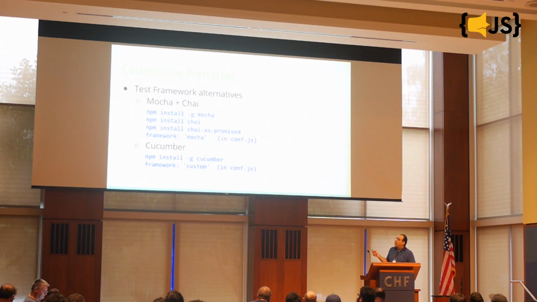All you have to do is use npm to install these frameworks, and then in the conf.js file, change the framework to Mocha. By default, it's Jasmine, but you can change it to Mocha as well. And same thing for Cucumber, since there is no built-in integration, you have to use a custom framework, and then that lets you define most of the configuration in the test itself.